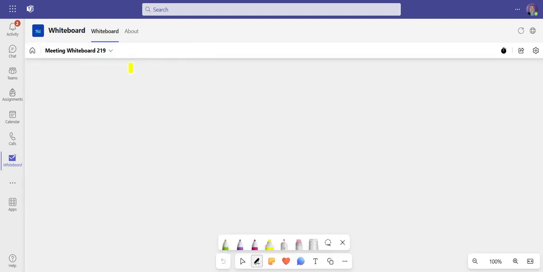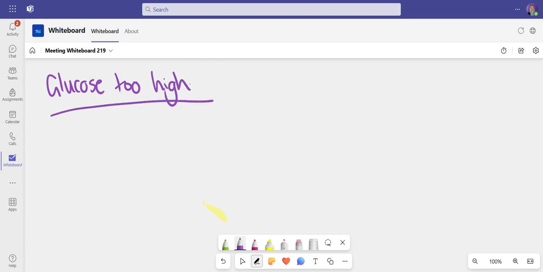So when our blood glucose levels are too high, what happens is that this is detected by receptors.